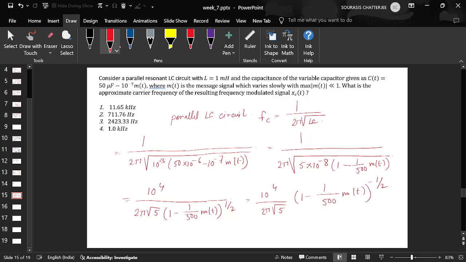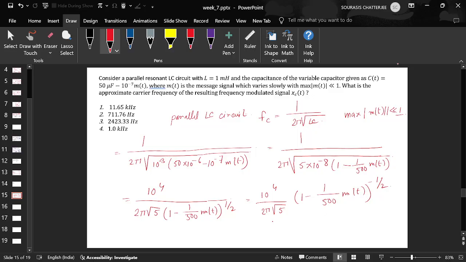So we are given that the maximum value of the message signal is much less than 1. So actually this whole term is much less than 1, since it's 1 over 500, already a pretty low value, times mt, which also takes a value much less than or equal to 1.